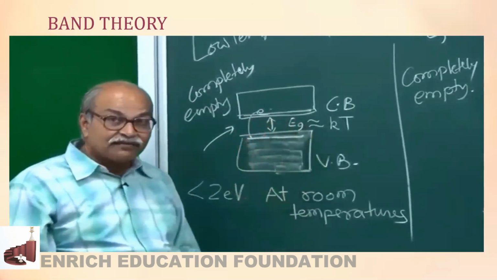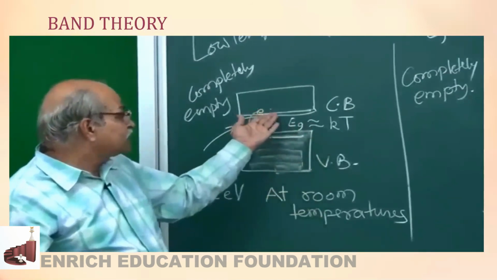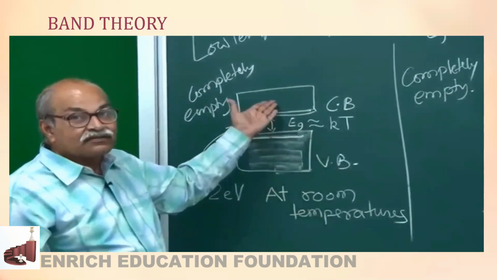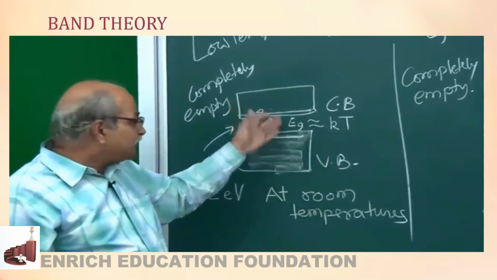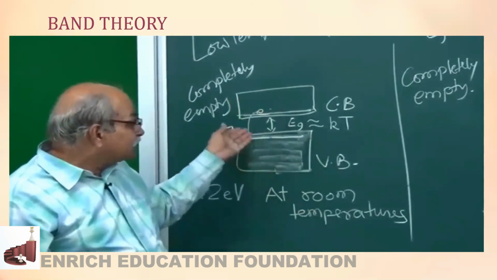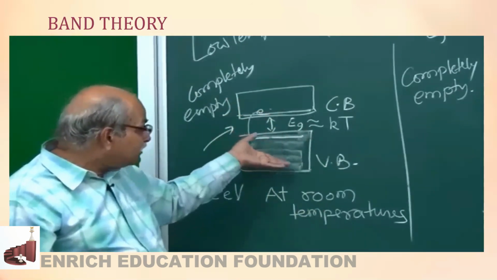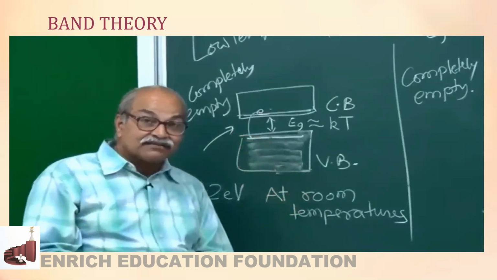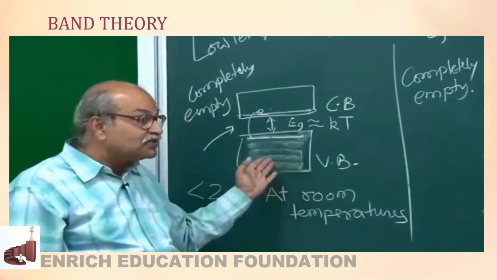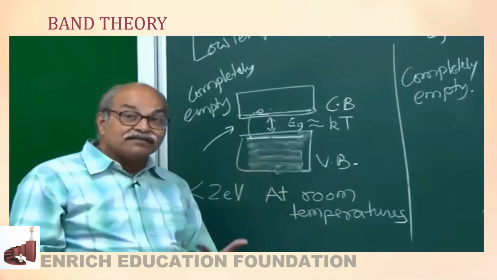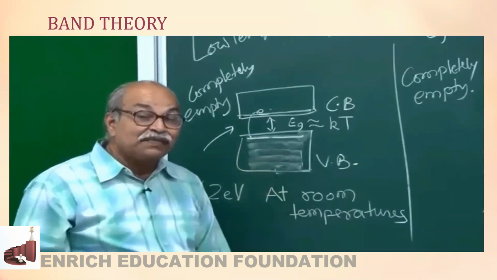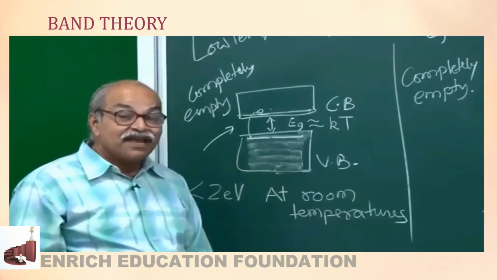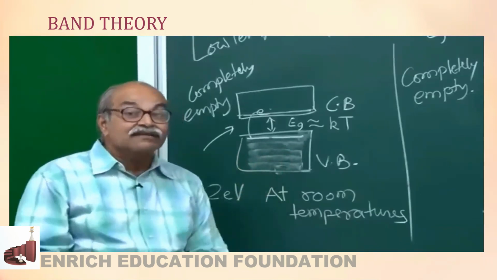If you apply an electric field, of course this can accept energy and go to a higher energy quantum state. But even the electrons in the valence band, at lower energy, can feel some pinch of that electric field and can start moving in the crystal.